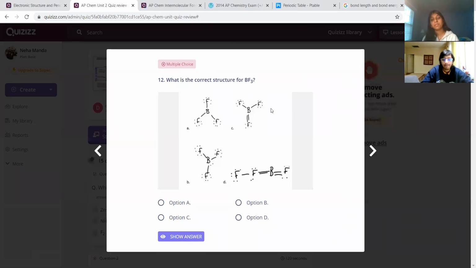So BF3 is the one that we needed to memorize, which is an exception to the octet rule. It would not have a lone pair. It's just fine being like this, and it would not need a double bond either. So I think it's A. You just have to remember that. The one with the electronegativity differences? Was that B and F? It's just BF, yeah.